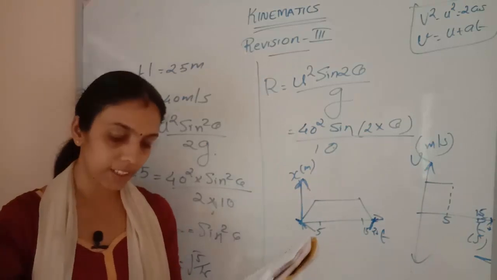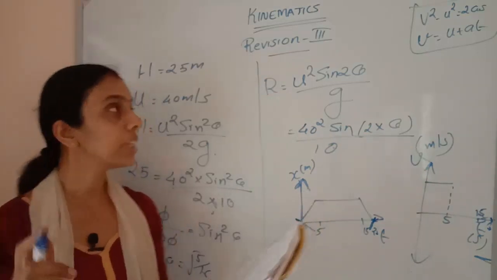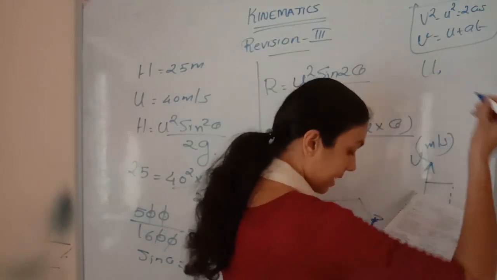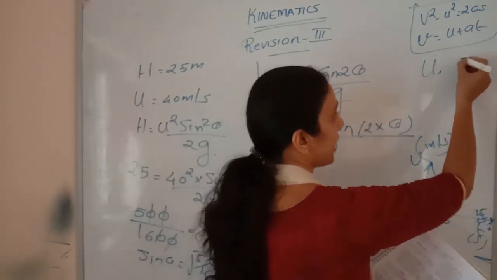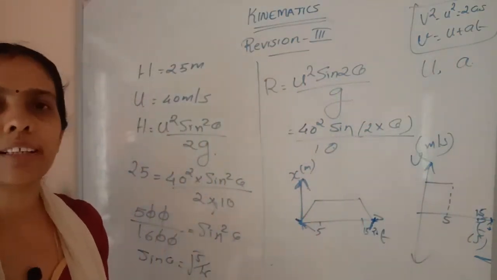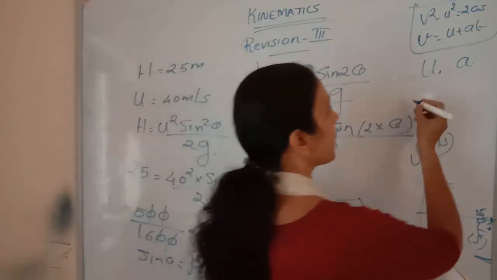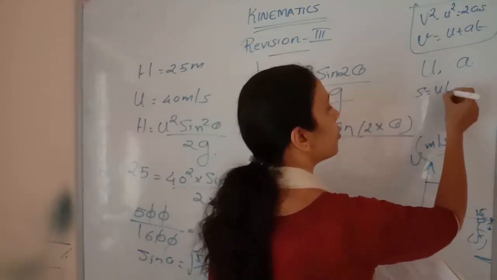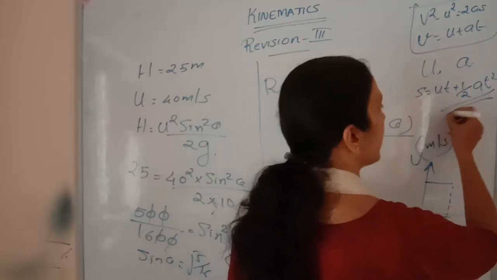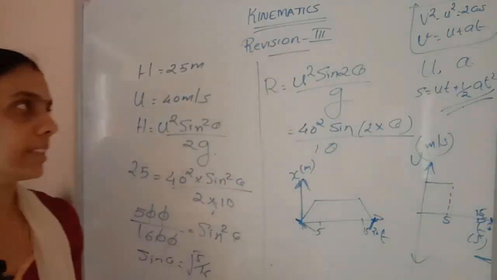So a vehicle was moving with initial velocity u and its retardation is given as a. How will you find out the stopping distance? How can we find out? s is equal to ut plus half a t square. This is the formula to find out the stopping distance.